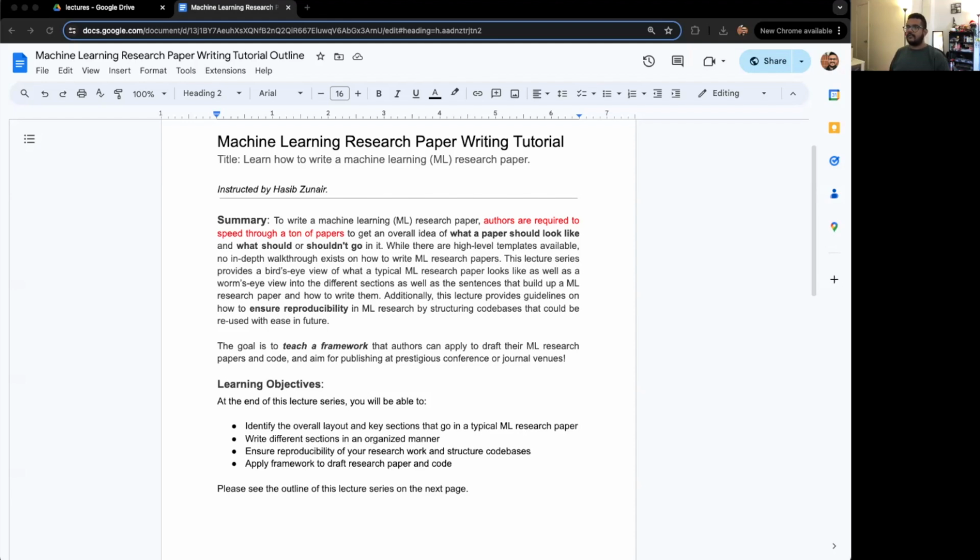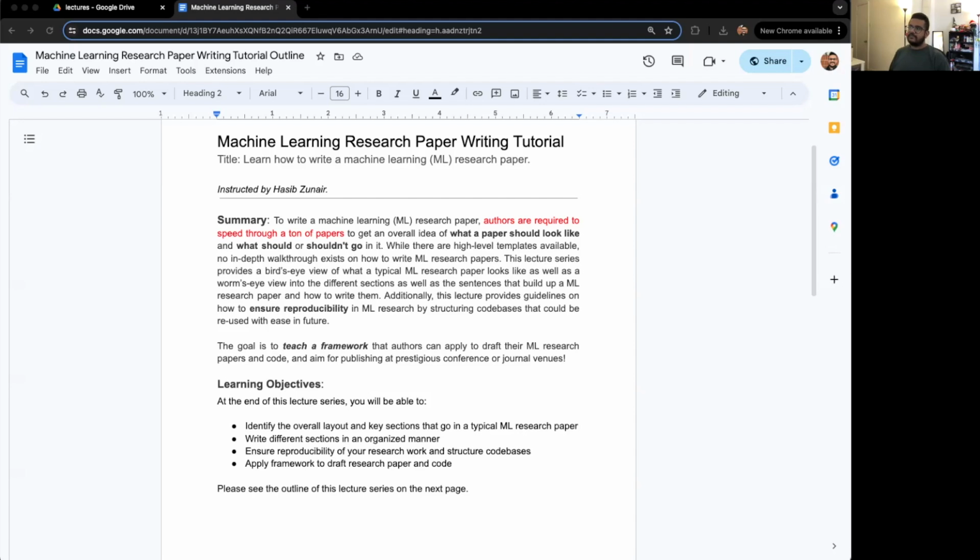In this series, I'll provide a bird's eye view and a worm's eye view of what makes up a typical ML paper. We'll dive into the different sections of a paper and examine the individual sentences that build these sections, giving you clear, actionable advice on how to write them.